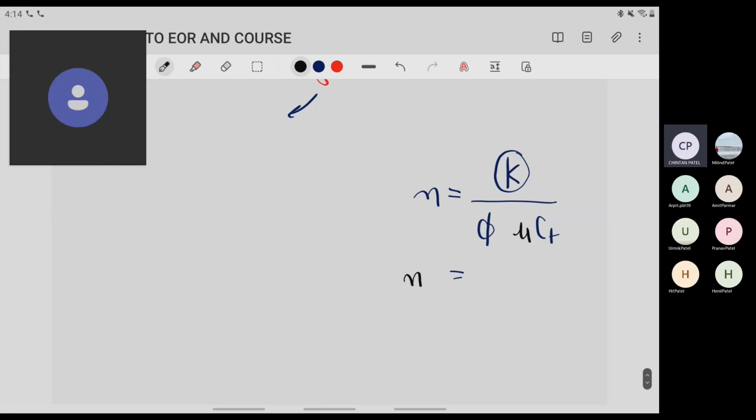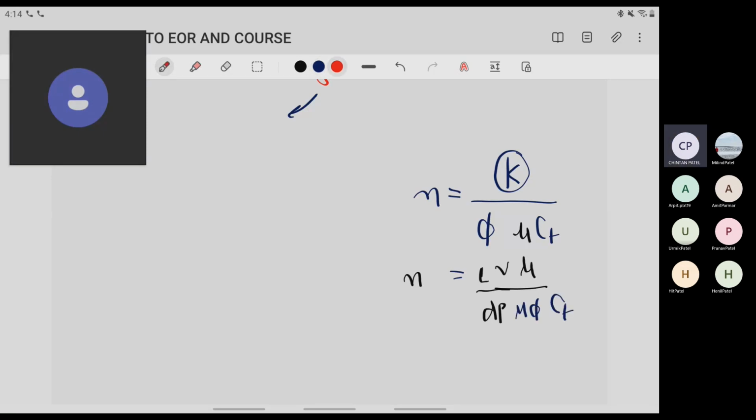in terms of Q? Q by A is the velocity, and we can say velocity into viscosity into dp by L, something we can write. Are you agree? Yes, sir. And phi and ct are already present, and viscosity.